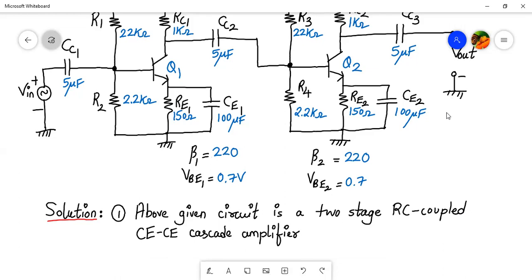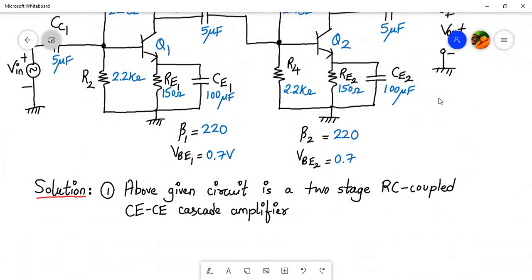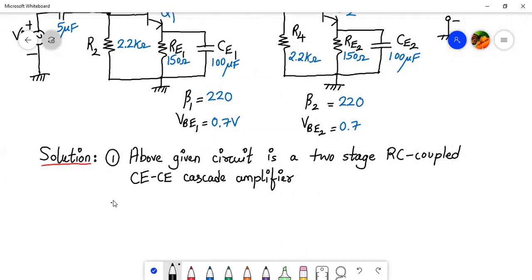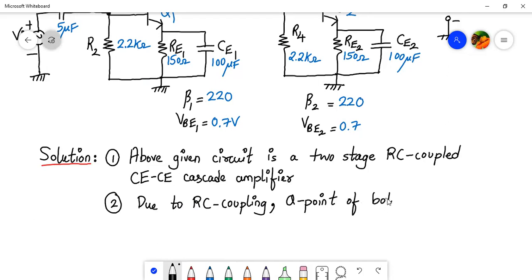Next step, since we have identified that both the stages are symmetric, we'll write: due to RC coupling, the Q point of both stages are isolated, or independent from one another.